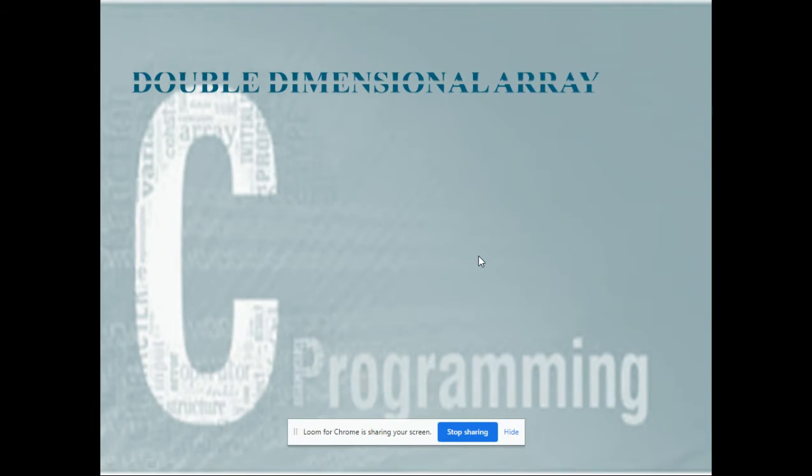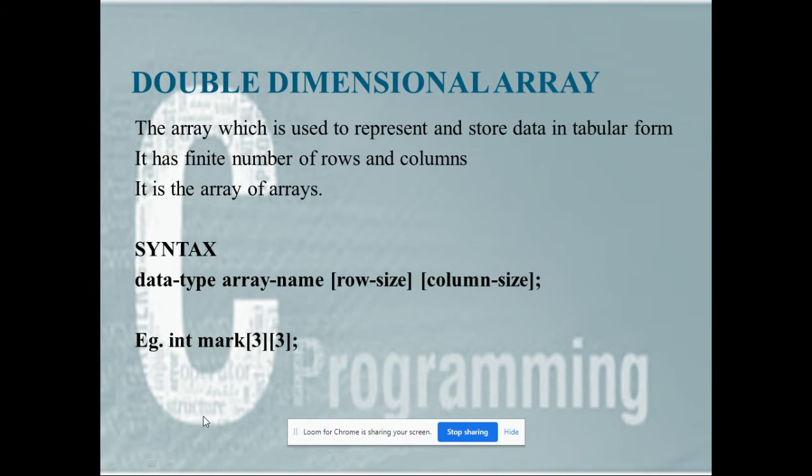Okay. Next we have double dimensional array. As I have already told, what is a double dimensional array? Yes, when you have two values, so two specifications. In a single dimensional array, you had only the marks or only the names. But here, when you want to store n number of values, then you go for this double dimensional array.